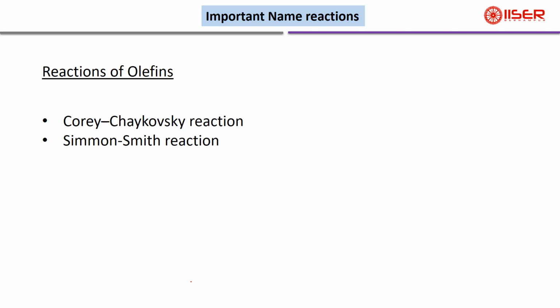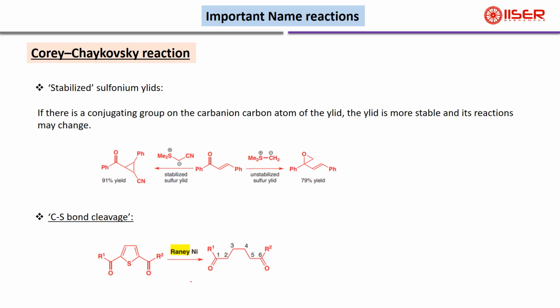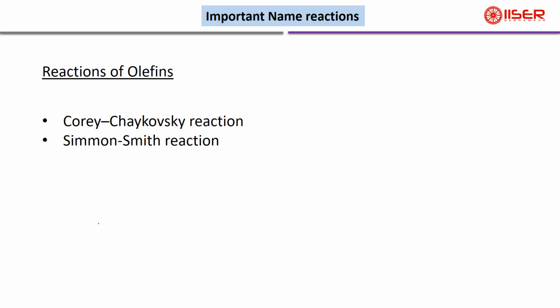Now you have formed olefin. Now you know how to generate an olefin from aldehyde and ketone. Next thing is, what are the reactions of this olefin? How do olefins react? I have included two reactions of olefin here in this class. First one is the Corey-Chaykovsky reaction and second one is the Simmons-Smith reaction.